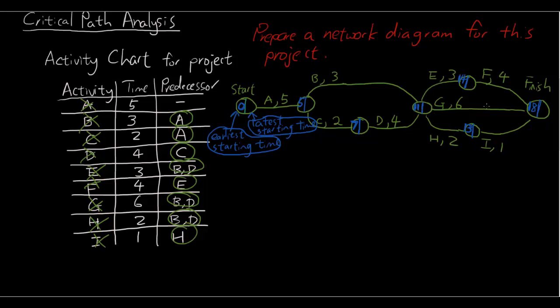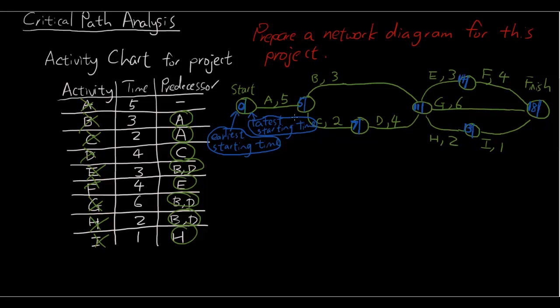Because let's say G has finished on the 17th minute, while the whole project is only finished when everything is finished. So we got to stand here. G is going to stand here and wait until F is finished, and I obviously has finished by the time G has finished. So 18th minute, 18 minutes is how long it takes for the whole project to finish.